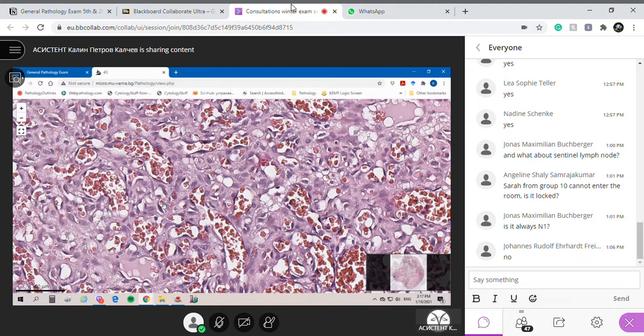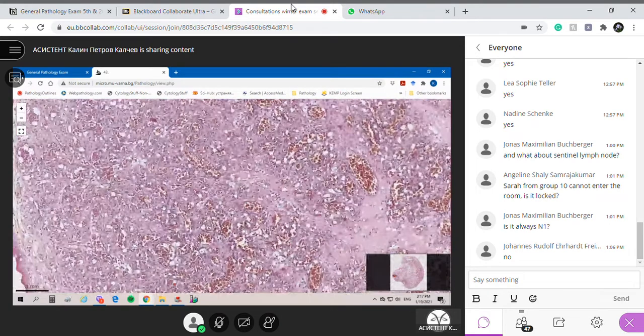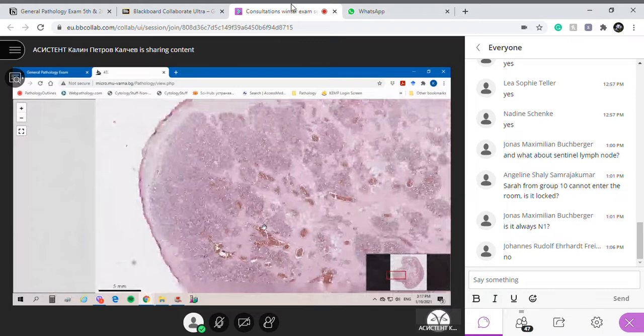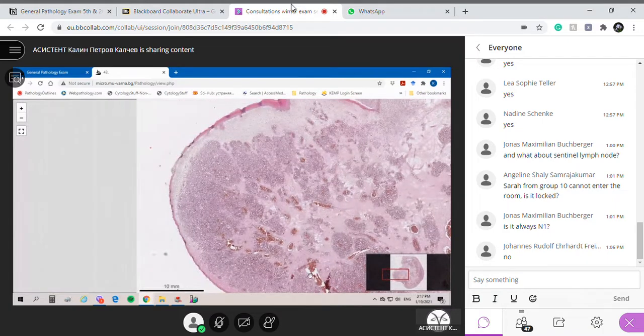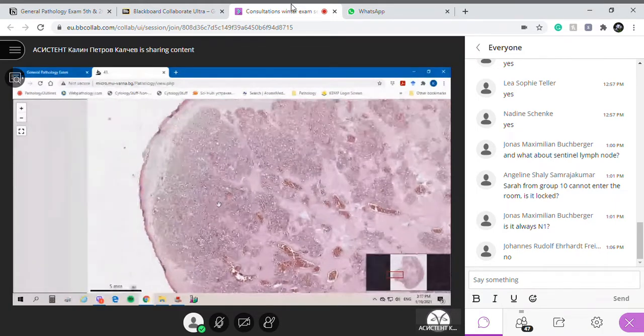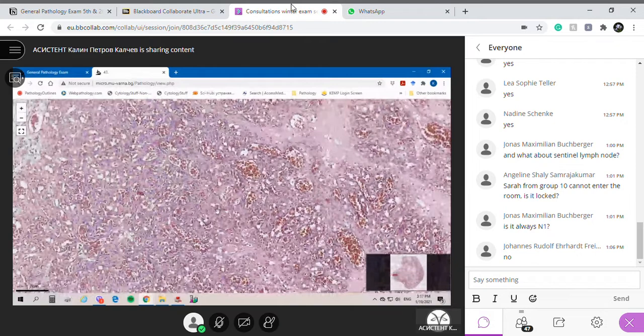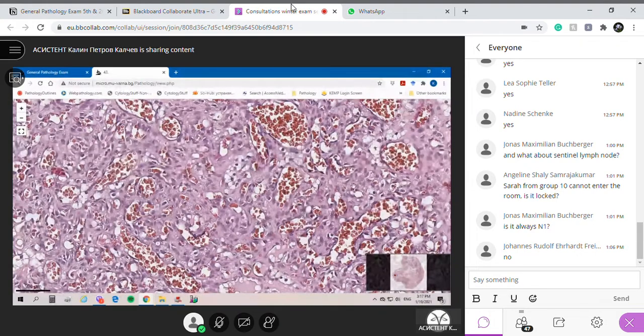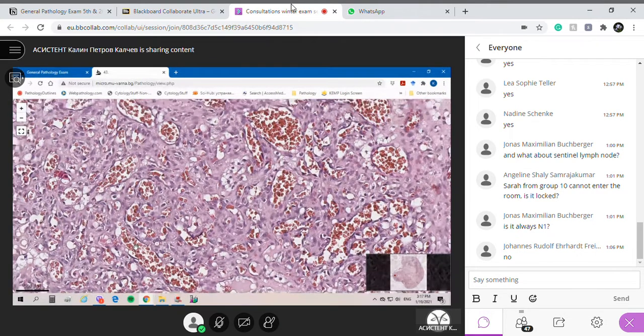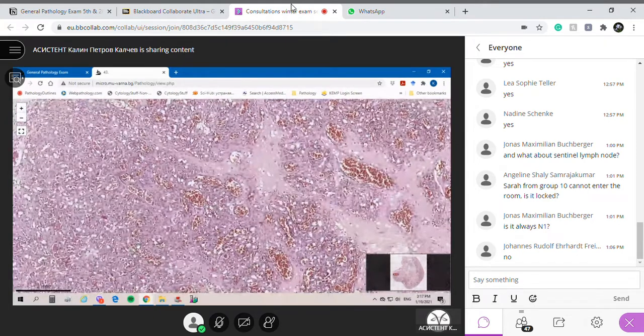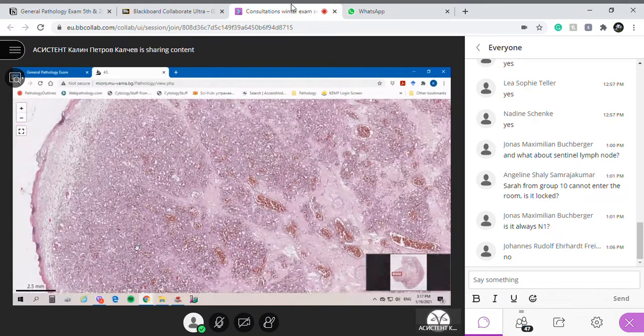And actually, you will see that even though this tumor is not very well circumscribed, there is no nuclear and cellular atypia in those cells. So we define this tumor as a tumor of the blood vessels, tumor of the endothelial cells. As these vessels are full of blood, we call this hemangioma.